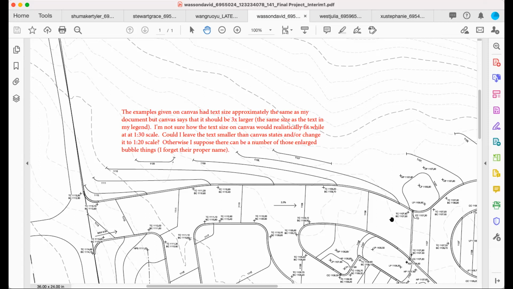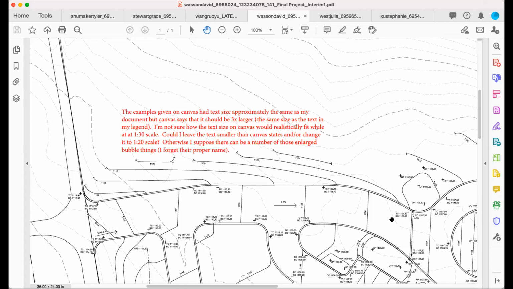Minimal 1 at print scale. Okay. Again, I'll have to direct you to Nat for this one.